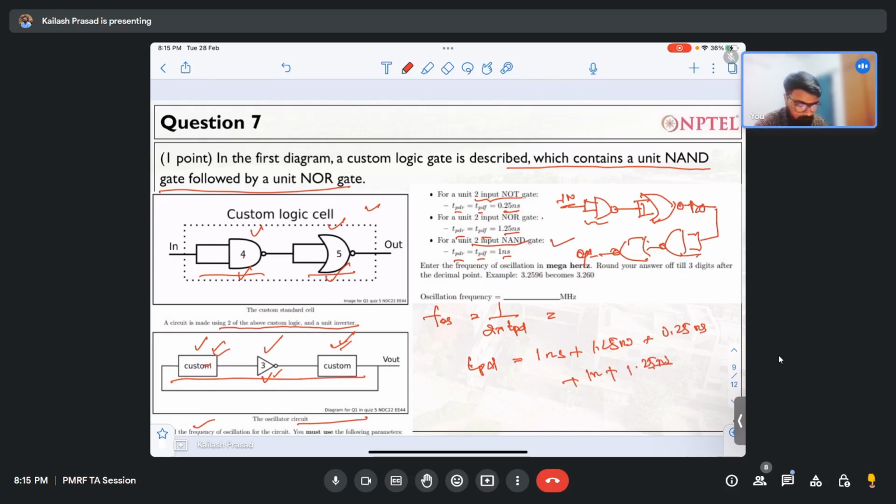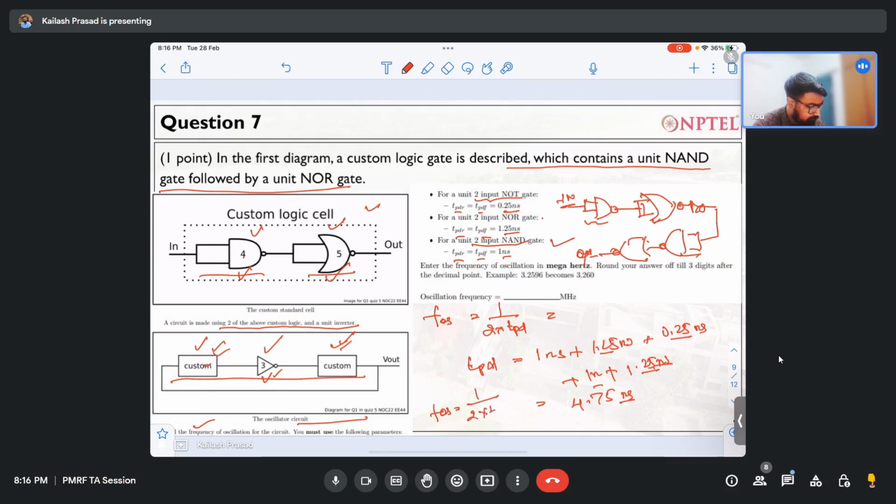So 1 plus 1 is 2, and 1.25 plus 1.25 is 2.5, giving 4.5. Then 4.5 plus 0.25 will be 4.75 nanosecond.